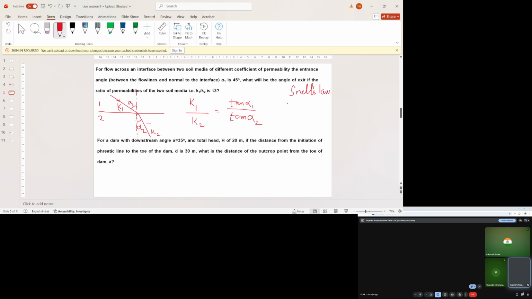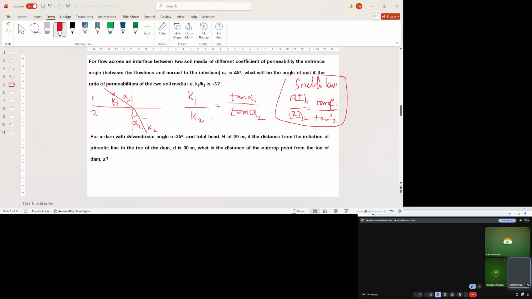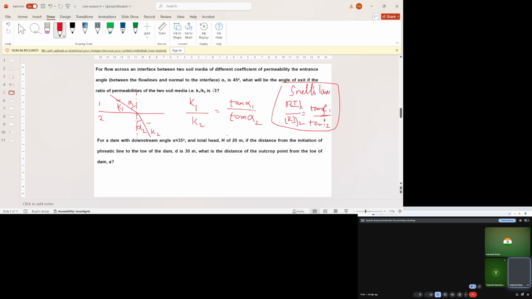So it is also the refractive index of 1 by refractive index of 2 is equal to tan incident angle 1 by tan incident angle 2. Right. So this is the law that resembles. So if you ever feel you are forgetting this, you can always remember this. So now please calculate and let me know what is the angle of exit alpha 2.